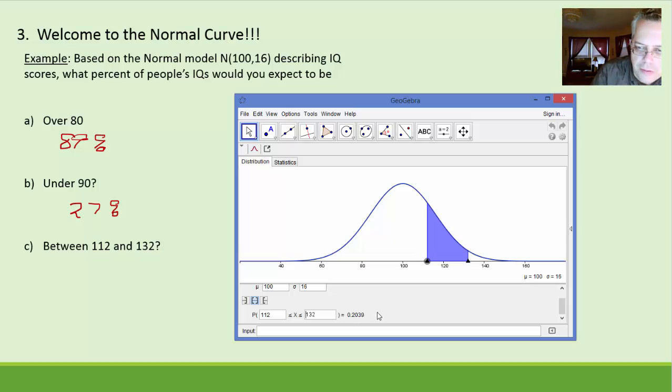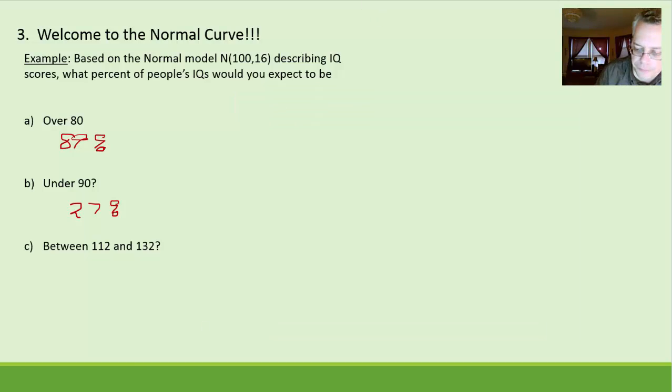And I press enter. And sure enough, the area in between 112 and 132 is 0.2039. The total area is 1. So if I do 0.2039 divided by 1, I get 20.39%. All right, so 20.39%, or about 20%.